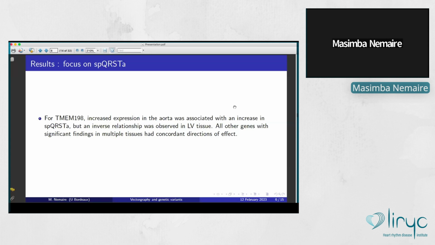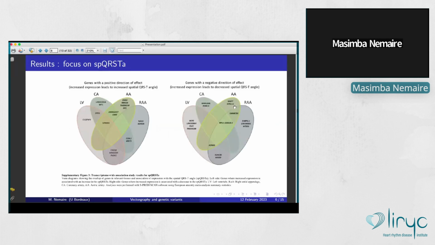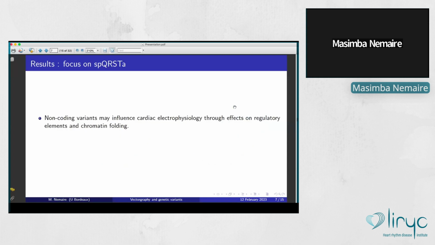So we said that 26 of the genes are coding genes, as they say. So then for the other genes, they supposed that they play a regulatory function within the heart.